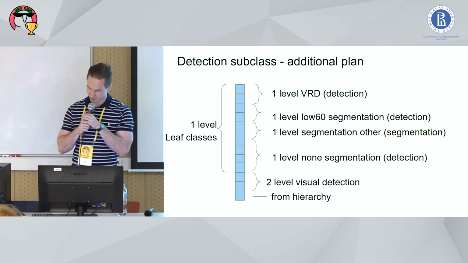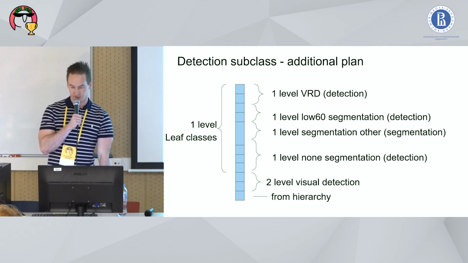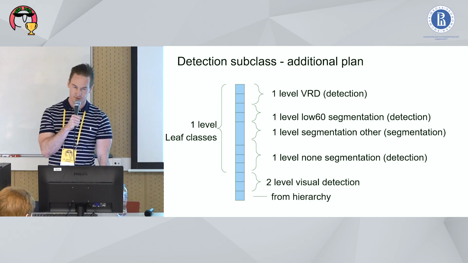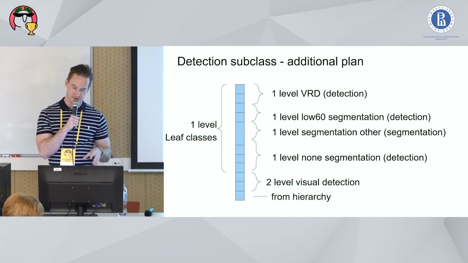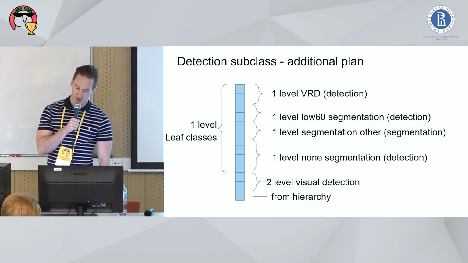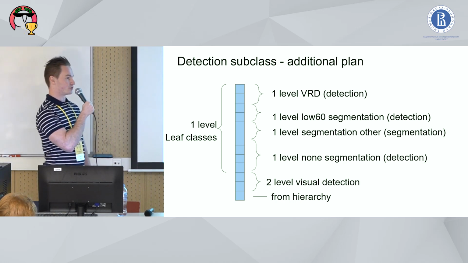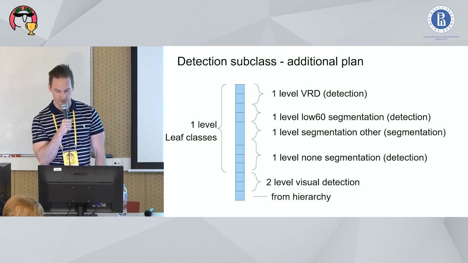But when I thought about that, I had a subset of segmentation classes that had a low score on detection based on my validation. So I trained my detection model for these 60 classes with the worst performance on the validation. But I found that it was very important to retrain your model for the detection part.